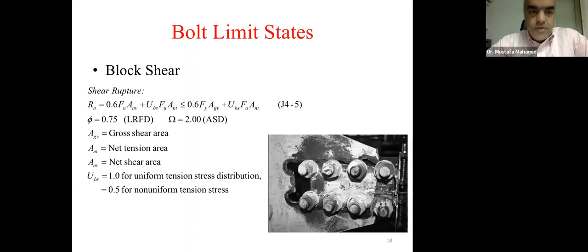The shear rupture equation has the shear rupture term, which is 0.6 times F sub u times Anv, and that's the net shear area. Then we have also the tension part, which is Ubs F sub u times Ant.